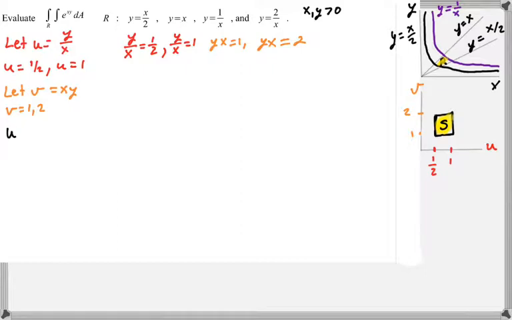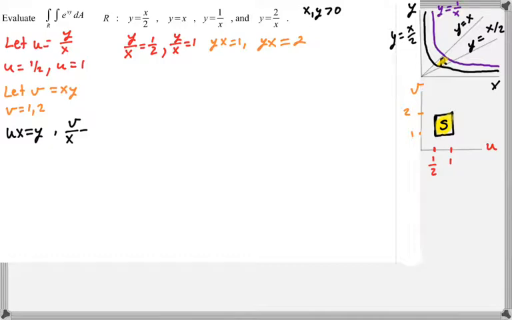All right. Now for the Jacobian, we need to solve for x and y in terms of u and v. So if we take u equals y over x and multiply by x, we have ux is equal to y, and we have v is equal to xy.